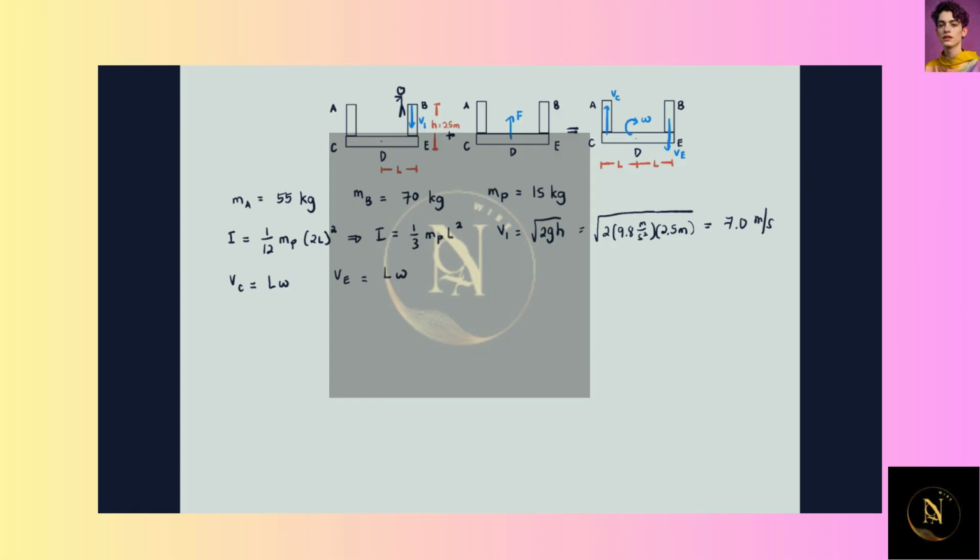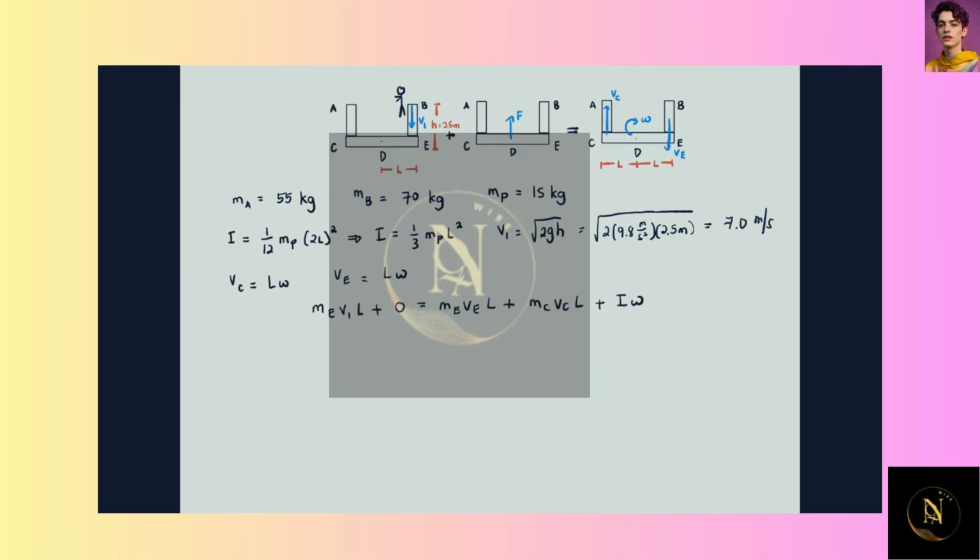Now, solving for the moments about point D, taking the counterclockwise direction as positive, we'll have the equation ME V1 L plus 0 equals ME VE L plus MC VC L, plus I omega.